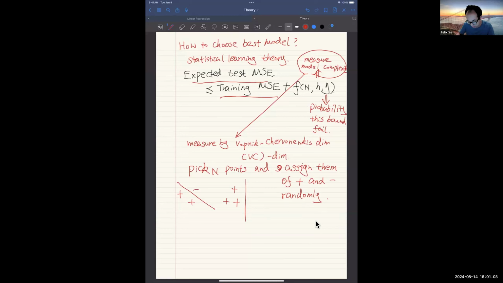For these 3 points on a plane, you can always find a hyperplane to separate the plus signs and minus signs. So that indicates a 2D hyperplane can shatter 3 points.